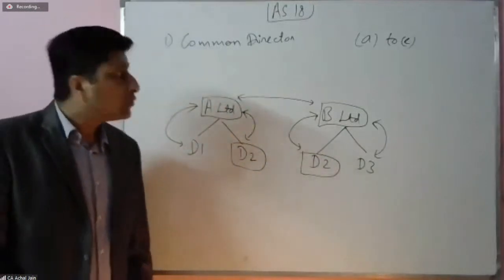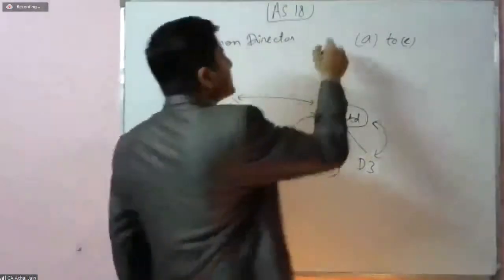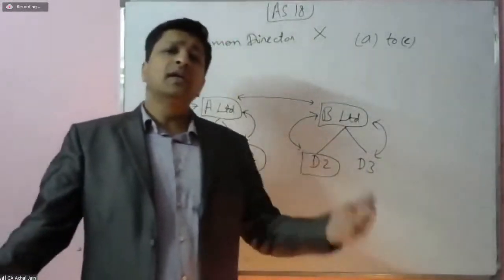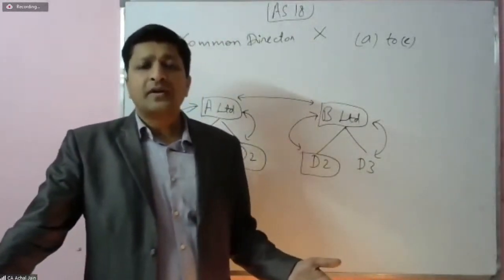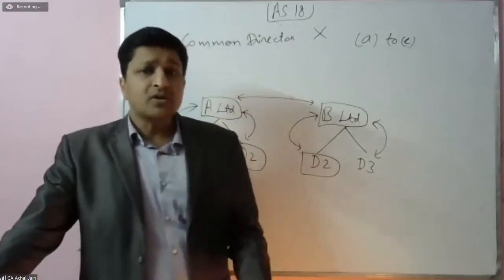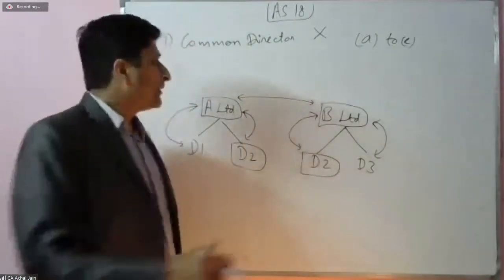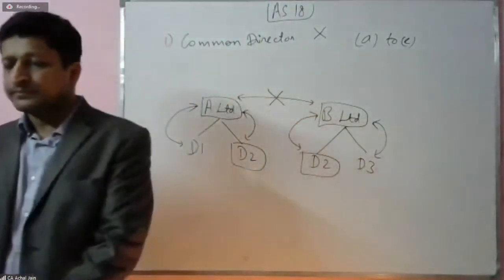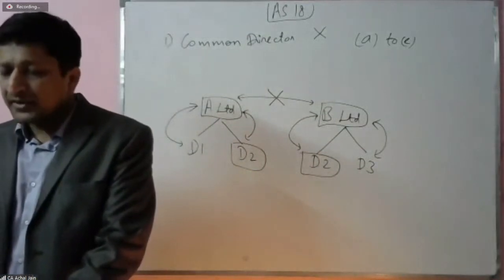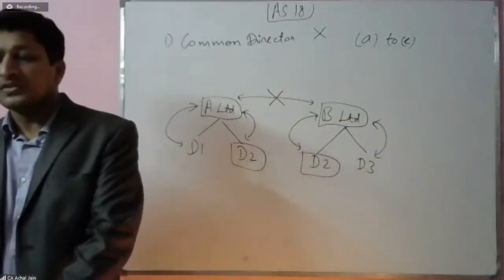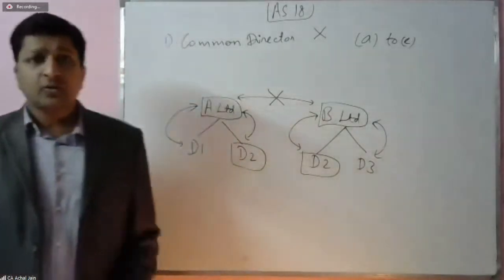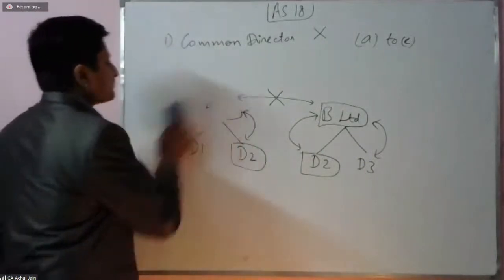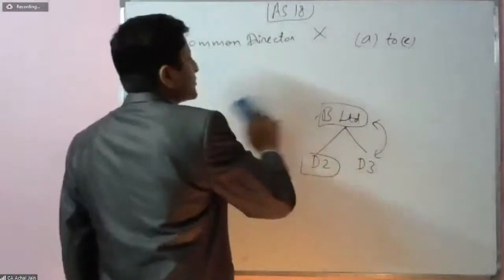The answer is no. Just by having common director, if no other criteria of a related party relationship is met, we cannot say that A and B will become related to each other. Clear? Clear on this? So just by having common directors, we can't make two companies, two entities as related to each other. So this was first situation.